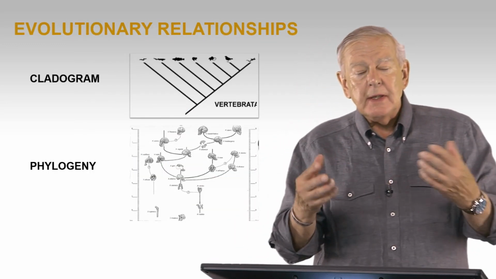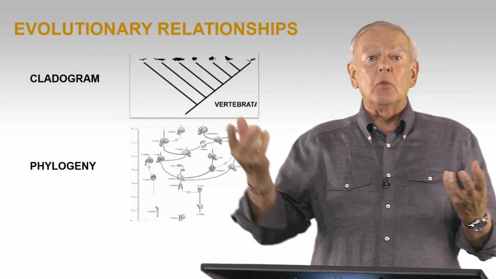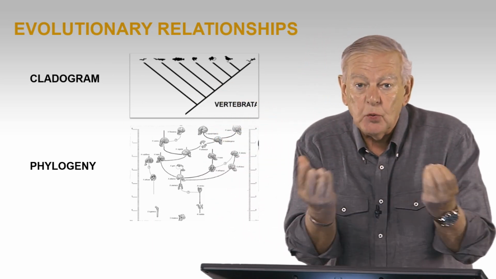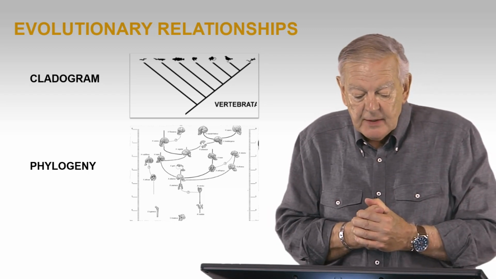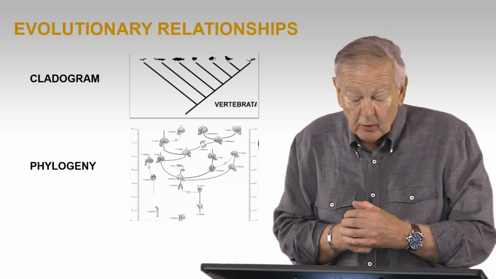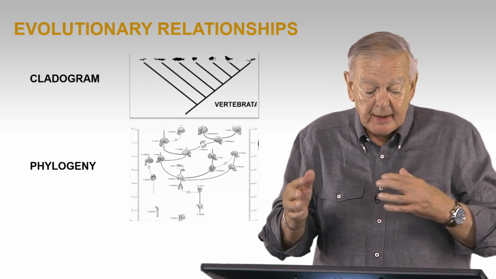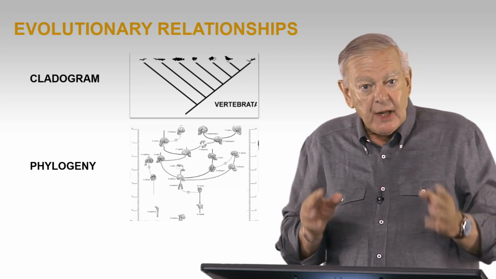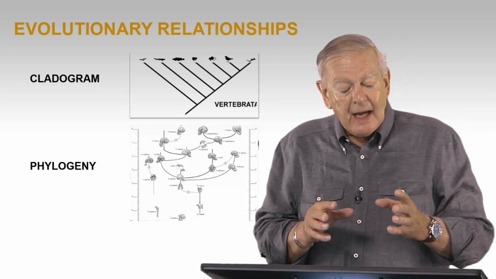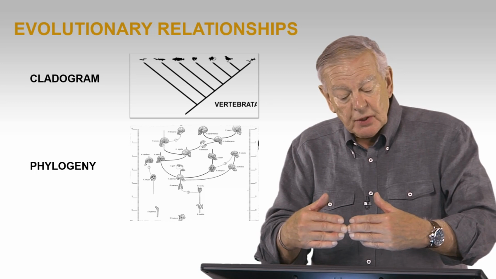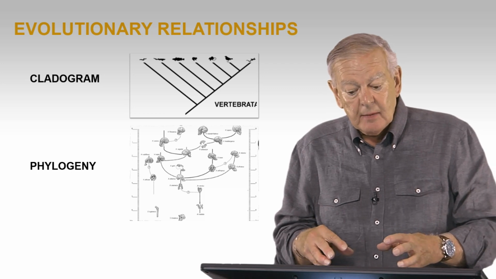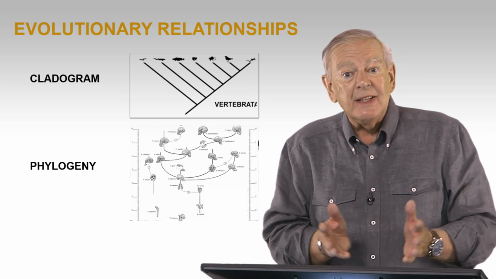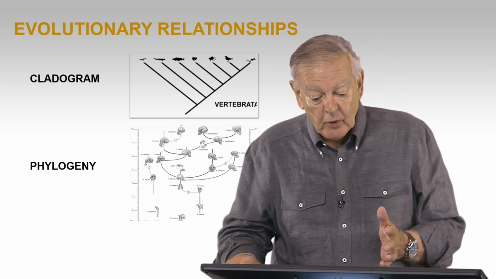Now, how do we express evolutionary relationships between various species? Well, often people think these are compatible or essentially just the same thing, a cladogram and a phylogeny, but they're not. And I want to show you how the cladogram at the top, which consists of a bunch of branches, and the phylogeny at the bottom, which shows you a number of lineages, differ from one another.